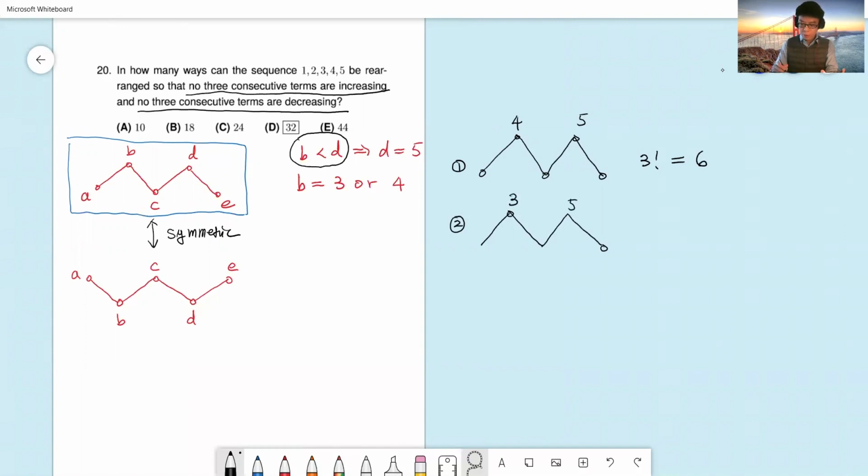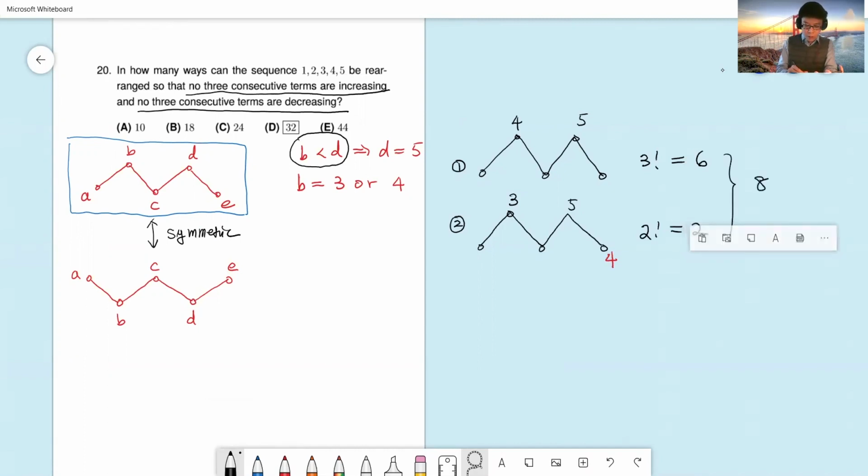Suppose B equals 3. Then we must place 4 at the position of E, because 4 is smaller than 5 and larger than all other numbers. In this case, we just put 1 and 2 in any possible way. So 2 factorial equals 2. So totally we have 8.